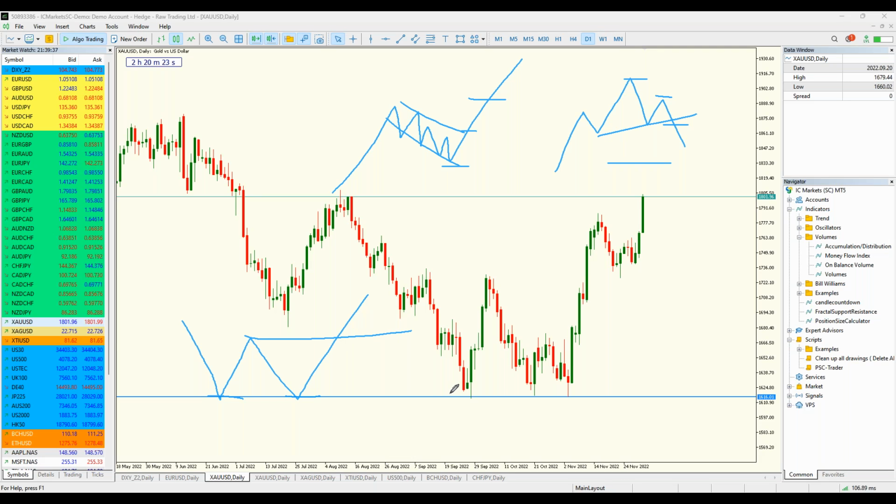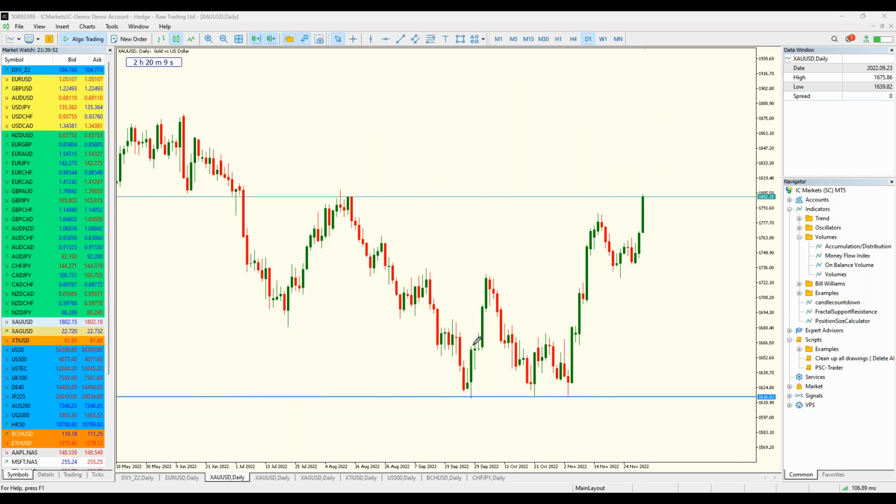Now, one of the patterns that I never really caught on that list, but it is a thing, is a triple bottom. So this is what you're seeing here. This is a triple bottom. The market comes back to test this, does it 3 times, and then takes off. The first time it comes down, we see a very, very strong bullish reaction. Gold has been just trending down, and there's our bullish candle, very strong, and it takes off.